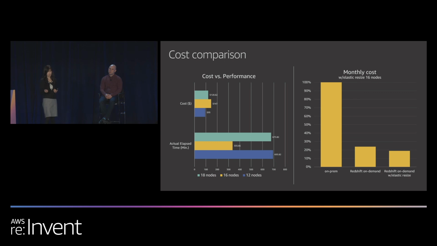And with the elastic resize enabled, it further came down to 18% compared to our on-premise cost. These 2 Redshift configurations are on-demand pricing, and we are in the process of moving to reserved instances, which will further reduce our cost.